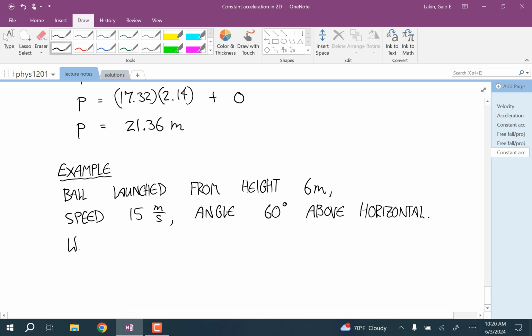And we want to know what's the greatest height that this reaches, or what's the highest point in the ball's flight.